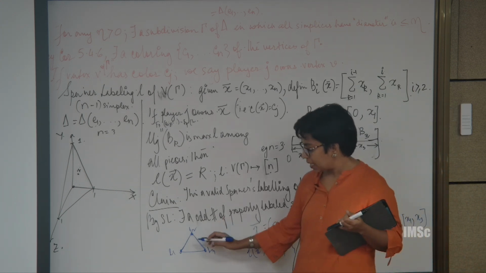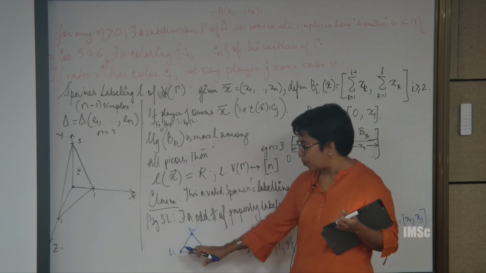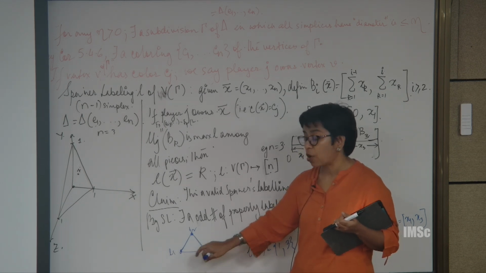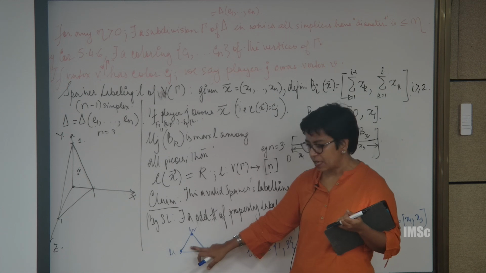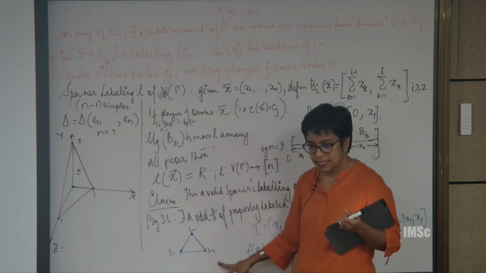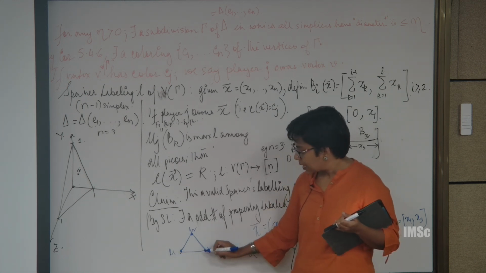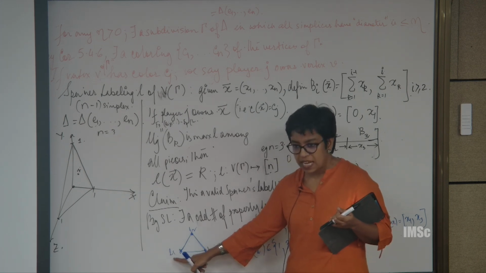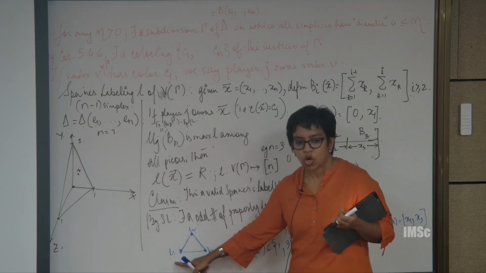But I am saying suppose we do find such a triangle which is properly labeled. A properly labeled triangle means what? All the colors are distinct, right. So, it means that this person has a preference for L1, the piece 1, meaning if he gets piece 1, he will not envy anybody.